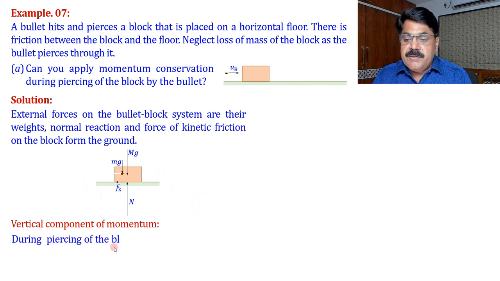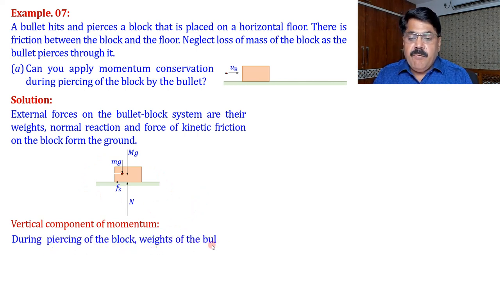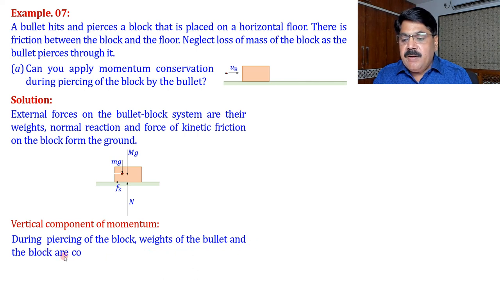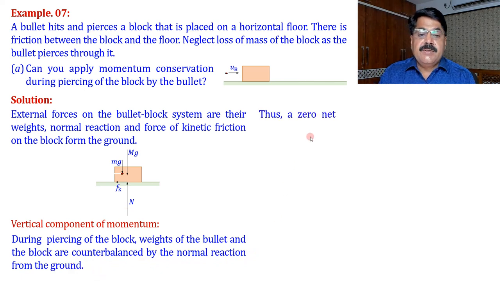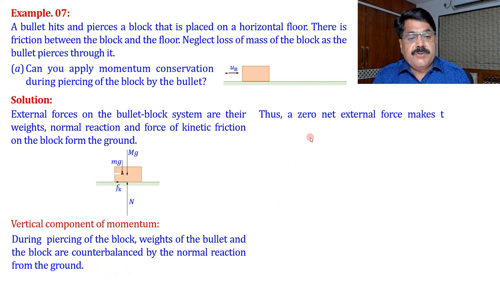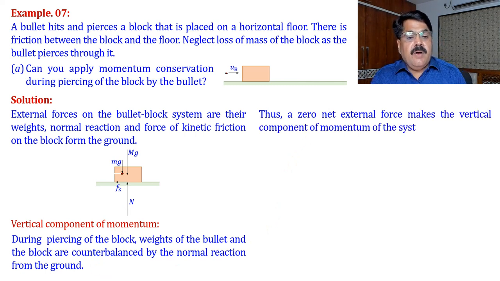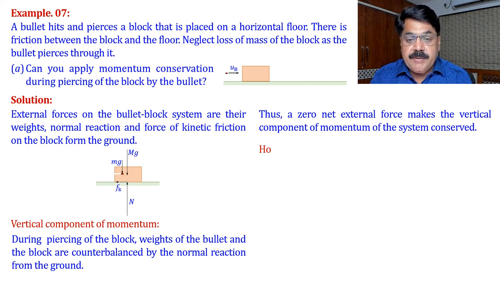During piercing of the block, weights of the bullet and the block are counterbalanced by the normal reaction from the floor or from the ground. Thus a zero net external force makes the vertical component of momentum of the system conserved. But what can we say about the horizontal component?